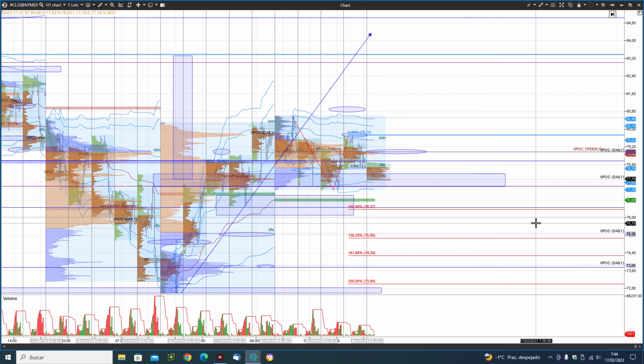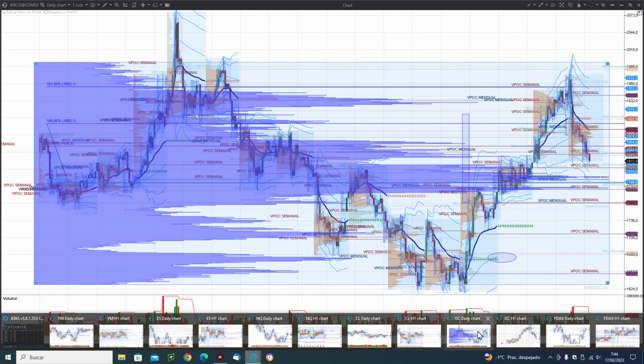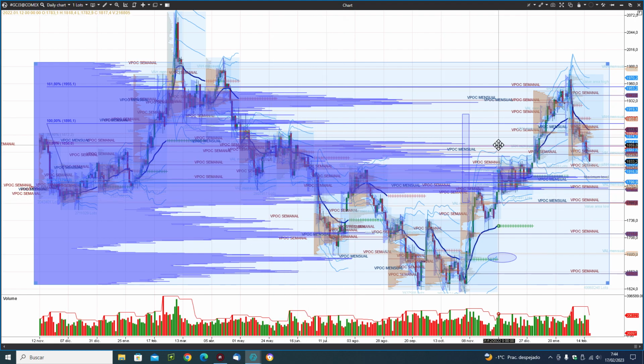Well, talking about higher targets, the main target for me is the current weekly VPOC at 78.97. If the price crosses this resistance, next step, this high volume node at 79.78. Well, let's see what happens with gold.